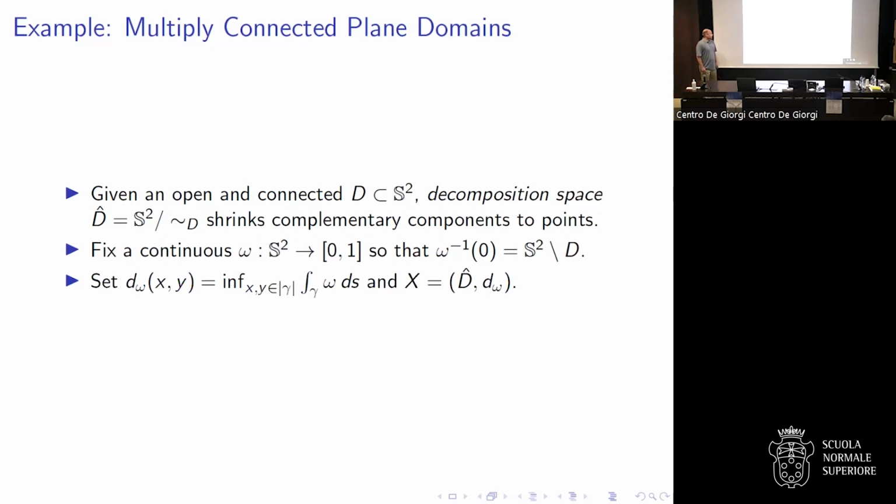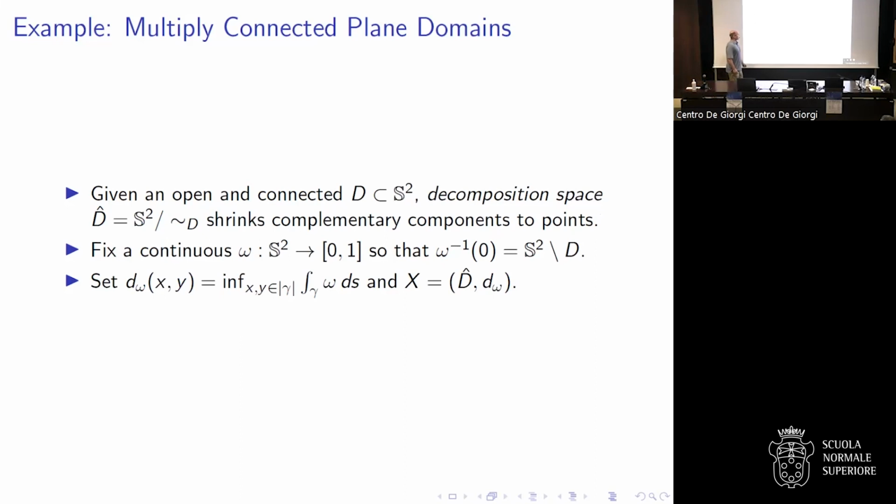And then the distance is the length distance associated to the weight. So if you're given two points, you take any curve that joins them and integrate the weight over the curve. That gives you a metric on the decomposition space.